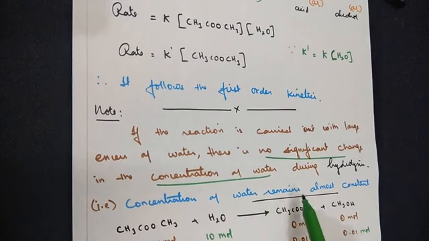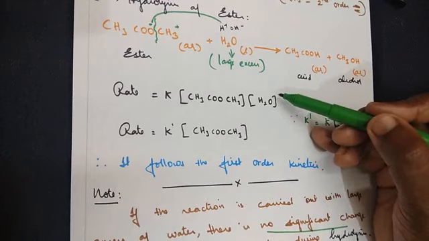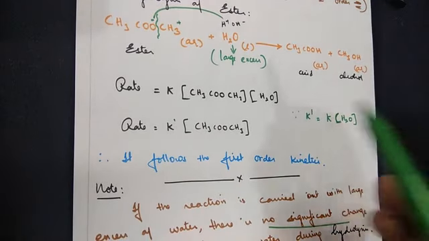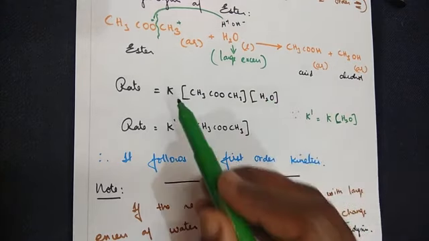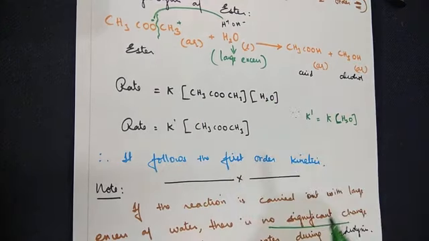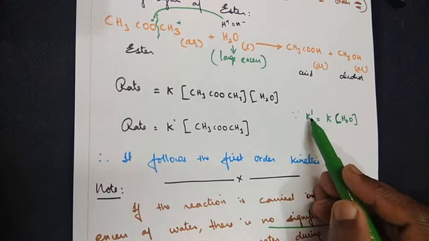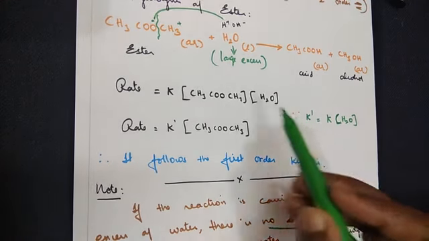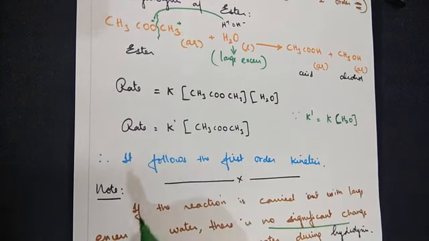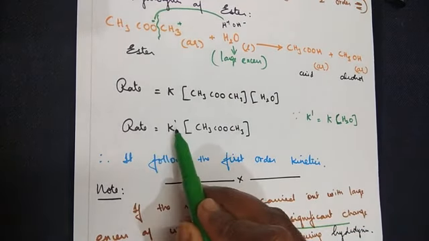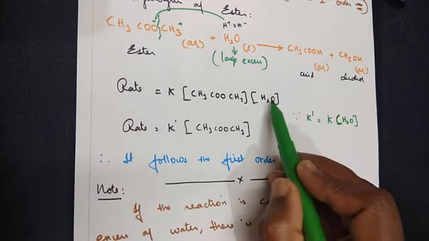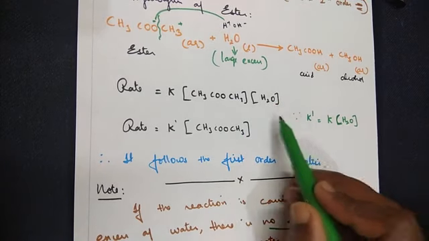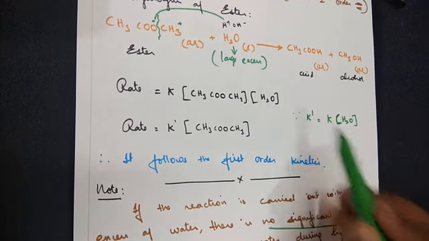Since the concentration of water remains almost constant, whether there is a decrease or an increase in concentration, because they remain constant, we can put these two terms together, that is the rate constant into the concentration of water, and write it as k dash. Hence, the same equation can be rewritten as rate equals k dash into the concentration of the ester. So we have not omitted the concentration of water, but since it is a constant value, it is included in k dash.